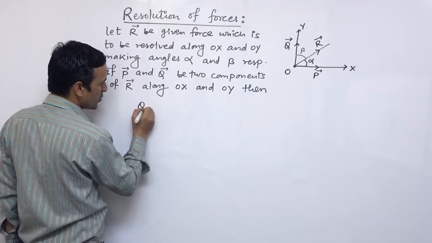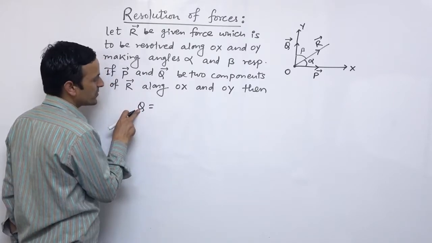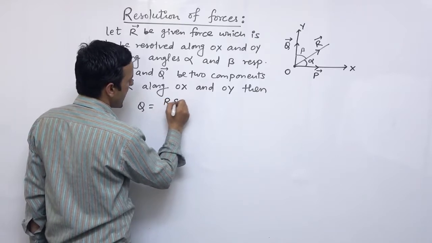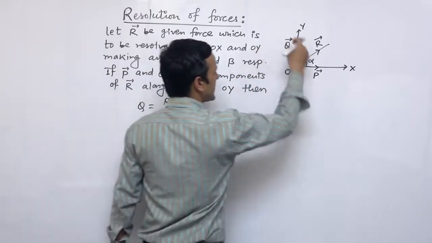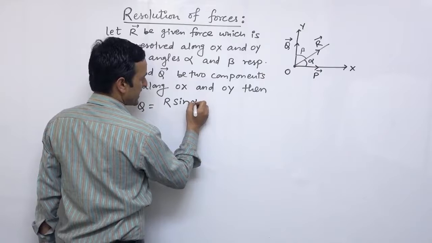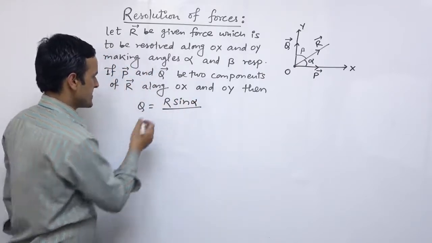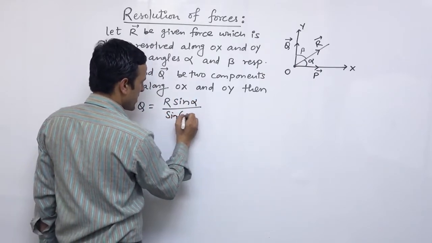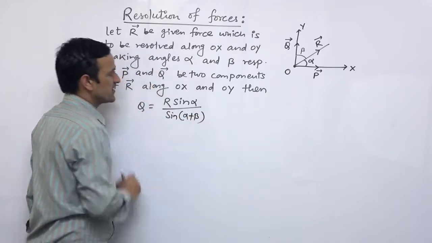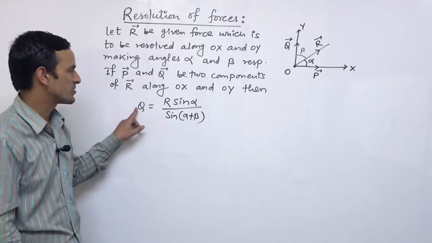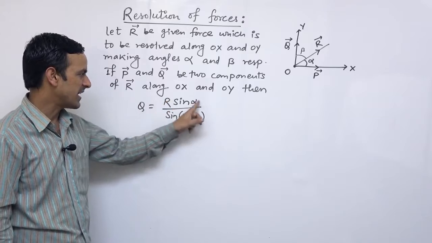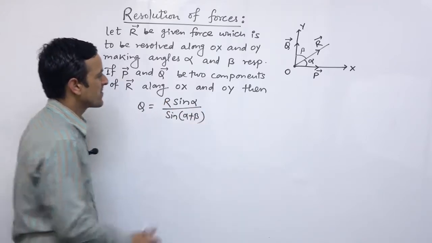So the value of Q is obtained by R sin, Q को लागि हामी यो एंगल लिन्छौं, sin alpha divided by sin(alpha plus beta). So this is the formula to find the force Q with the help of resultant and with angles.